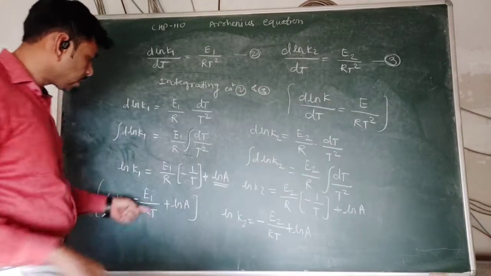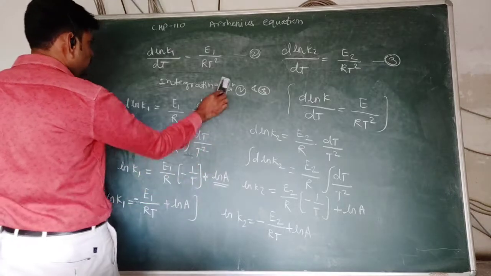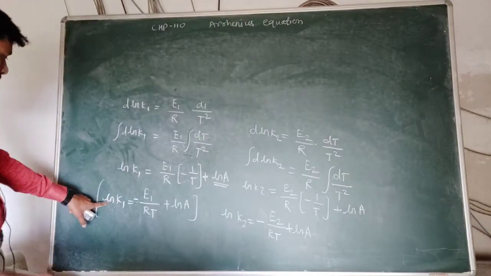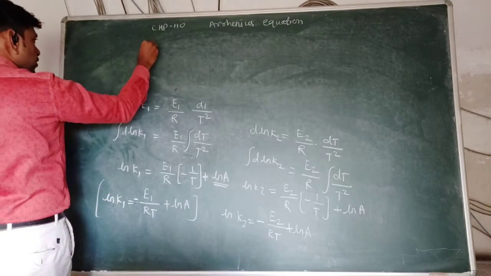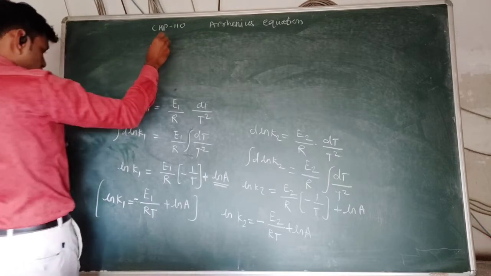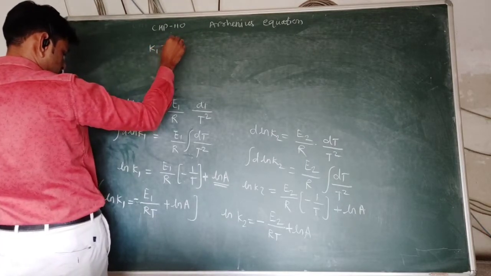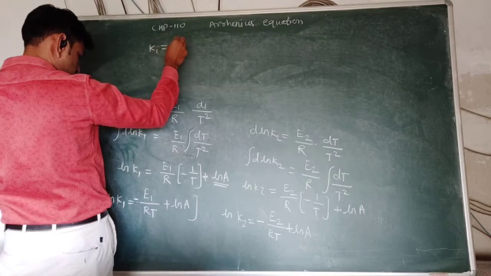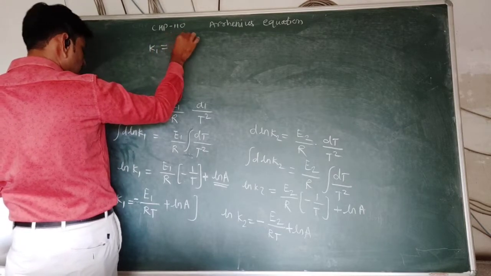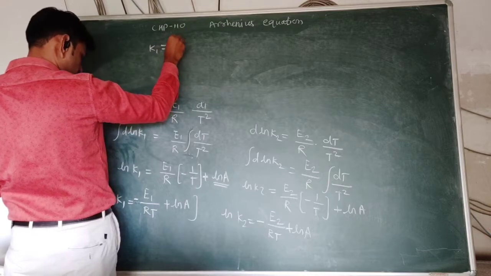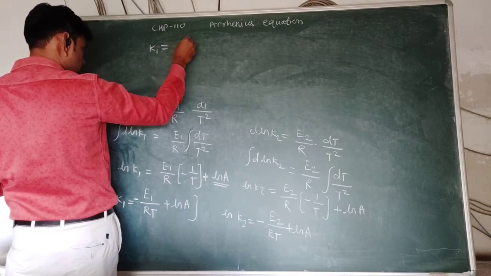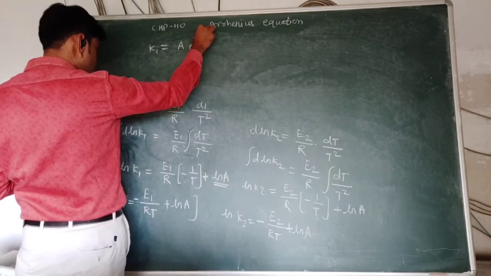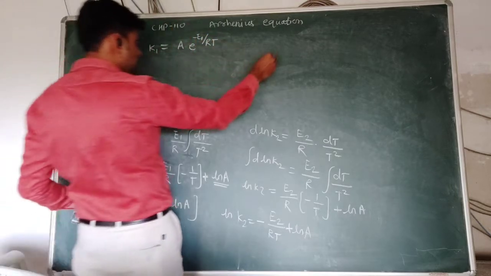By taking the anti-logarithm of these two equations, ln a becomes a, and k1 equals a e raised to minus E1 upon RT for the first rate constant.